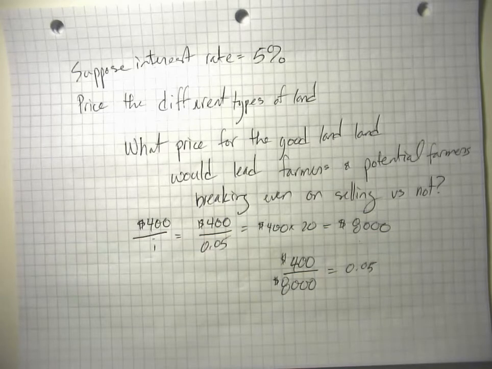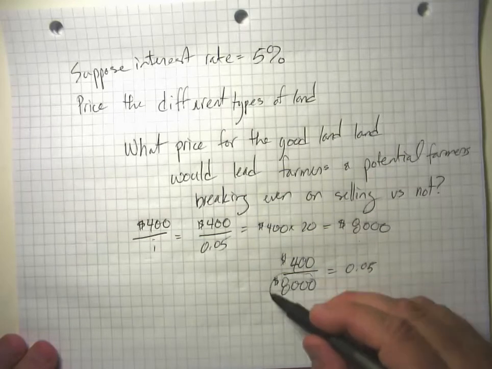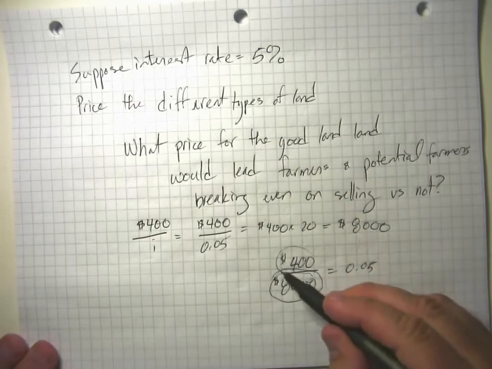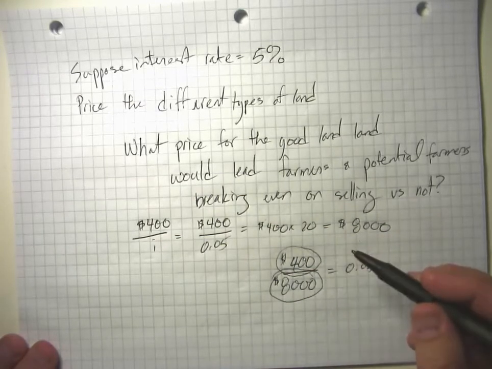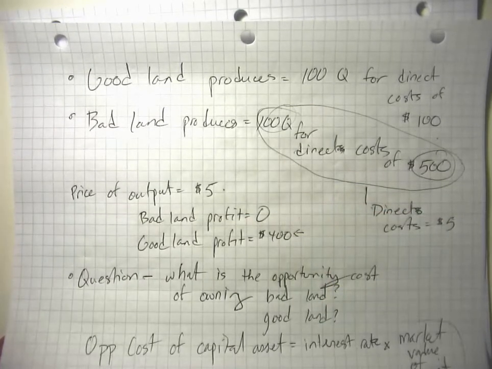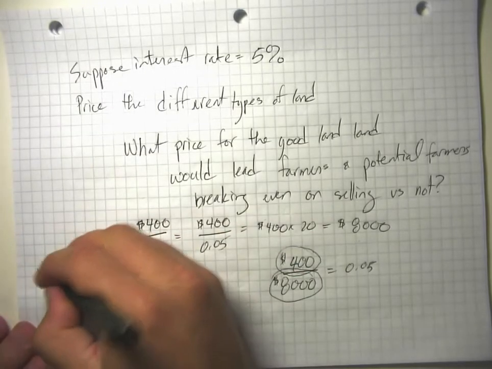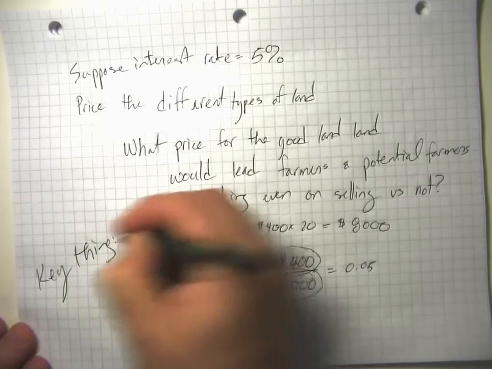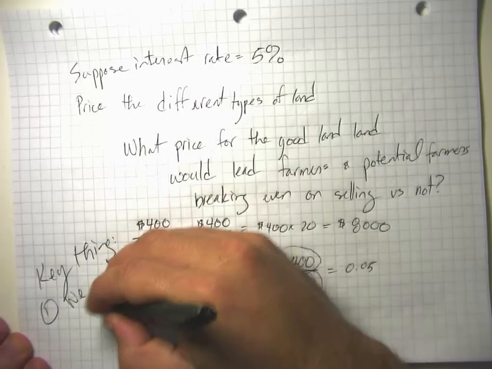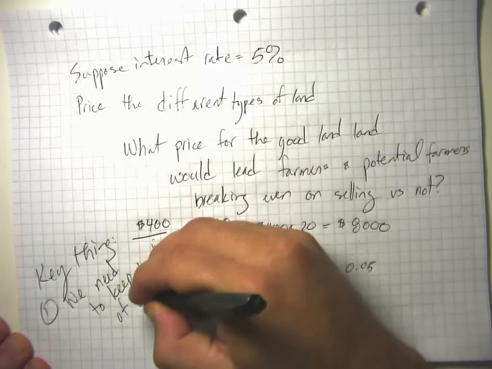In particular, if we farm it, we're giving up the opportunity to sell it for what its market price should be, $8,000, and then invest that money and earn $400 worth of interest, which would exactly cover the $400 worth of profit. So the key thing here is, one, we need to keep track of opportunity costs.